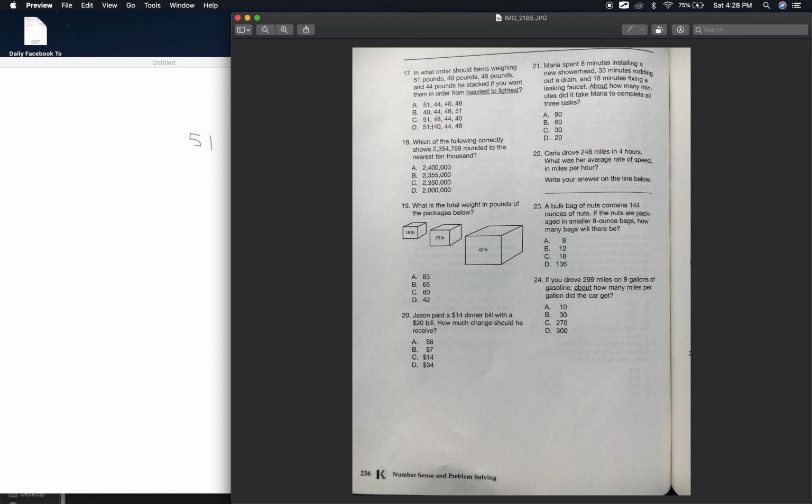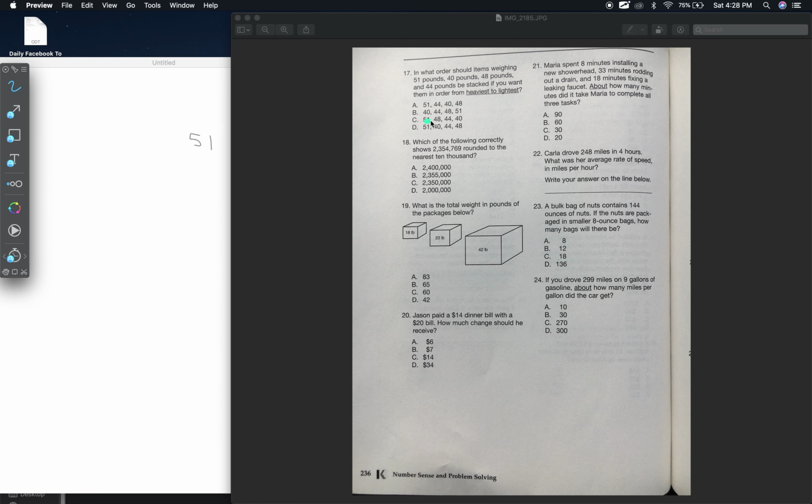So 51 has a 5 in front, and these all have 4s, so we don't know from the tens place digit which one is higher.